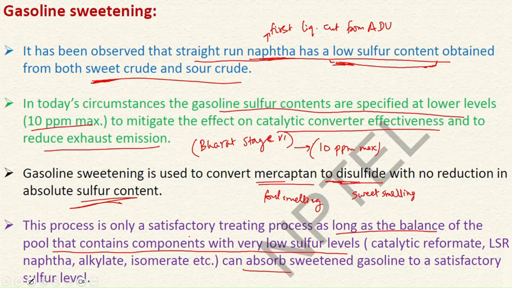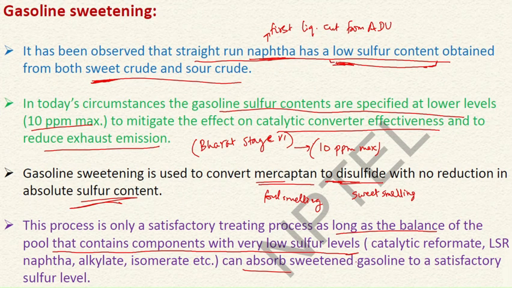It is simply a treating process to minimize the foul smell of the gasoline, and if this small amount of sulfur is acceptable, then this sweetened gasoline can be added to the gasoline pool.